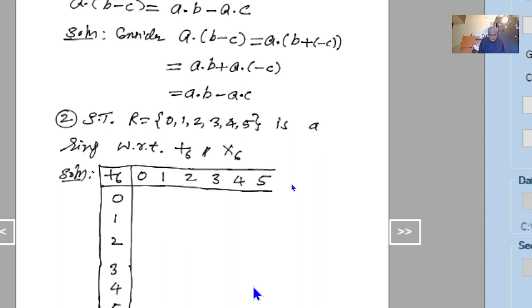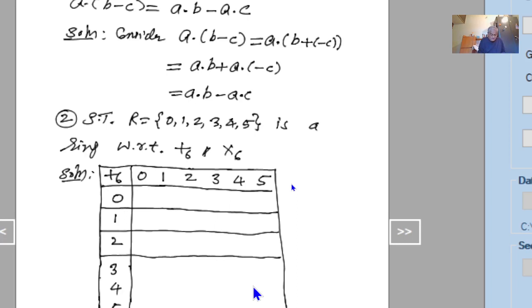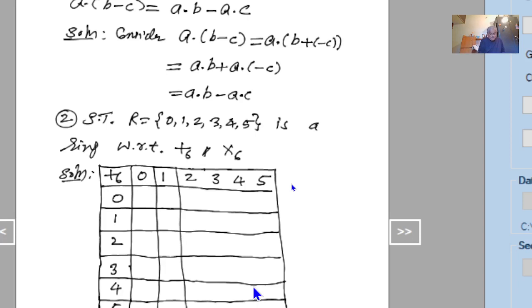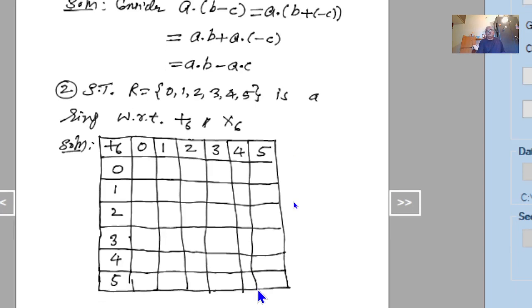Okay, this is the addition table. Now write the elements.